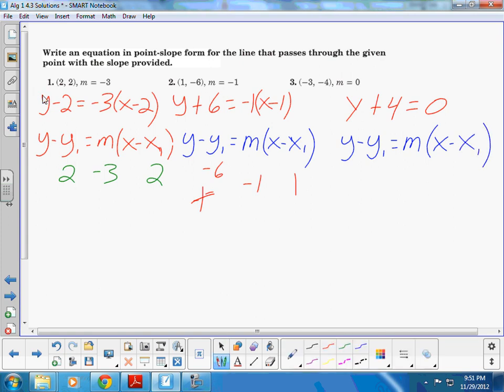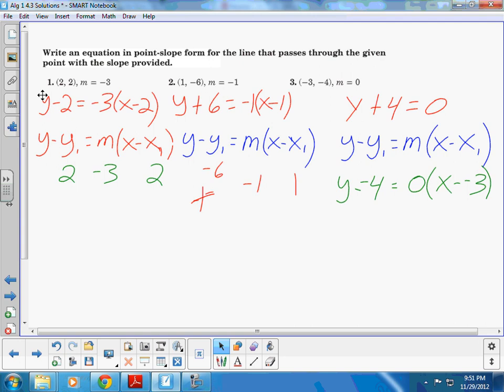When we substitute the values in, y1 is a negative 4, so this is going to be y minus a negative 4, equaling 0 times x minus, and x1 is a negative 3. This is y plus 4 equals 0. 0 times anything is 0.